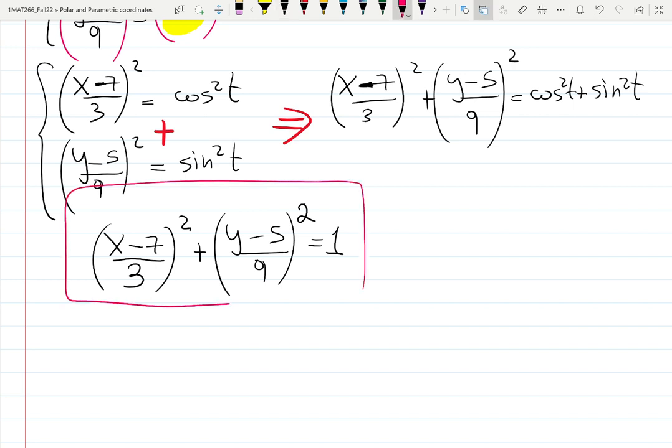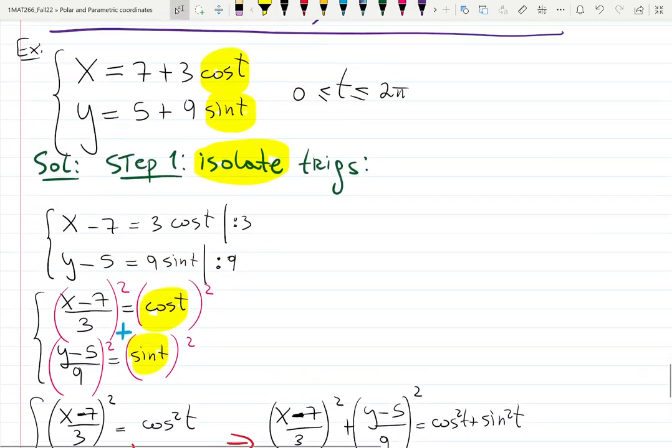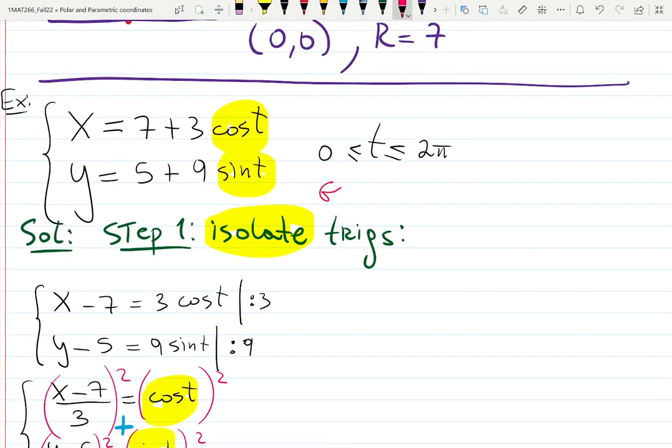The goal was to get rid of t, to see what kind of equation we have in Cartesian coordinates. So let's write down the goal: from parametric, we want to convert to Cartesian.